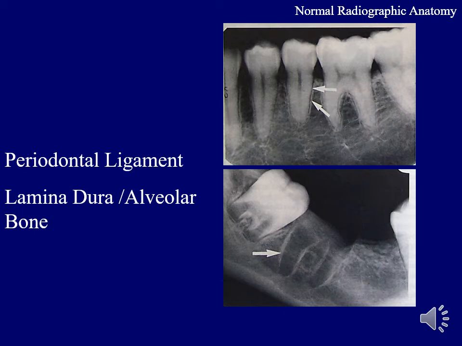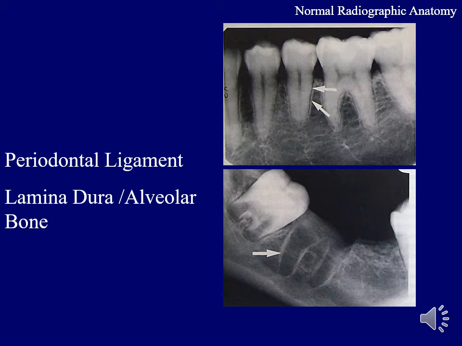That's because of more passage of the X-ray beam near the tooth structure. This lamina dura is usually well defined when the X-ray beam is directed perpendicular to the tooth, and this lamina dura may also appear more diffused when the X-ray beam is directed more oblique to the tooth.